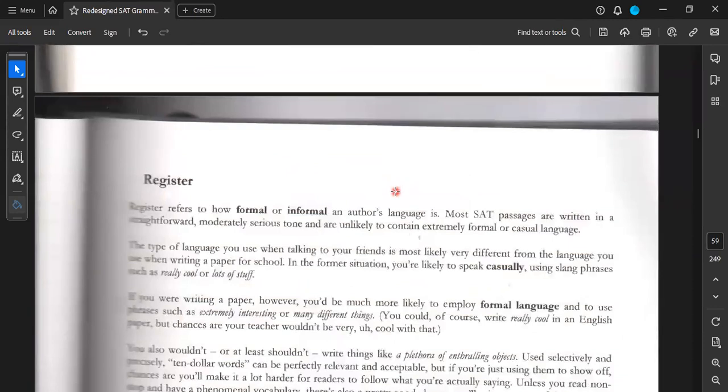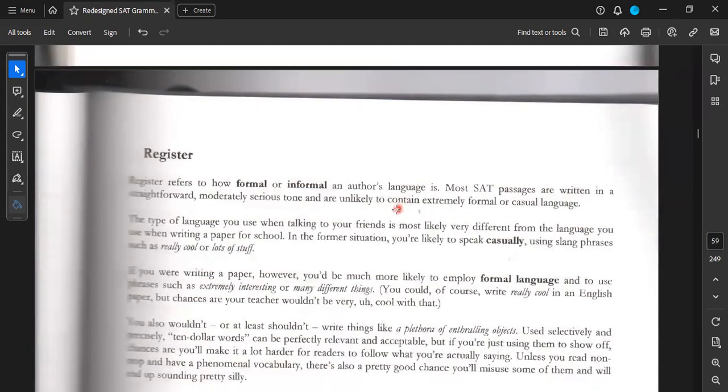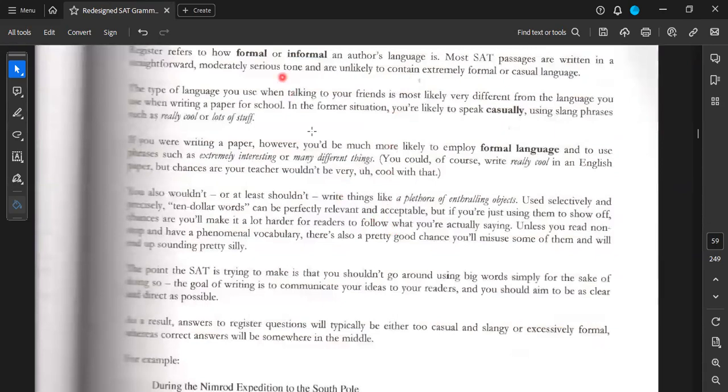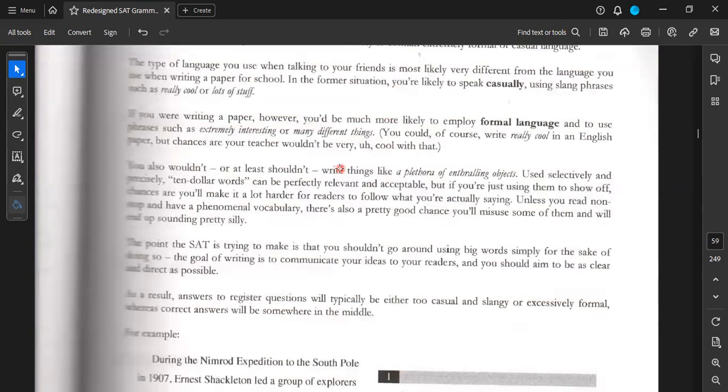Let's look at register. This refers to how formal or informal a language is. I want to tell you guys that most SAT passages use a semi-formal or moderately serious tone. They're usually not very casual and not very formal.